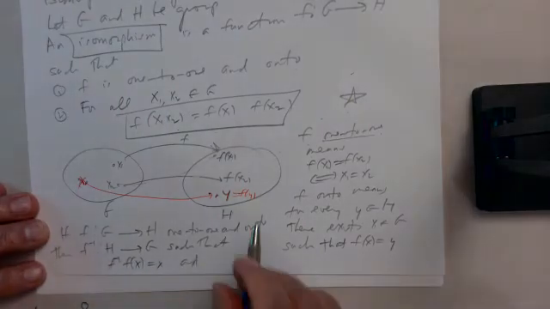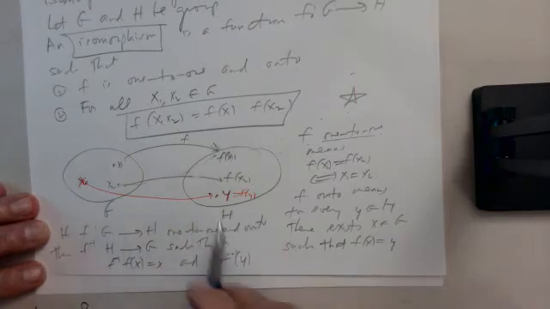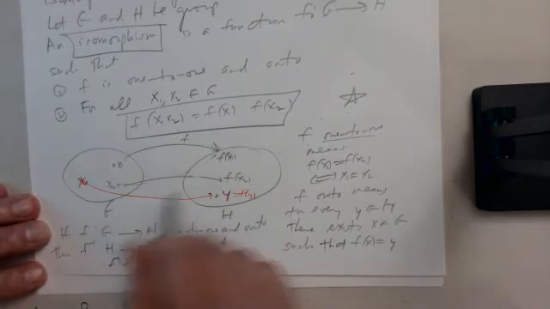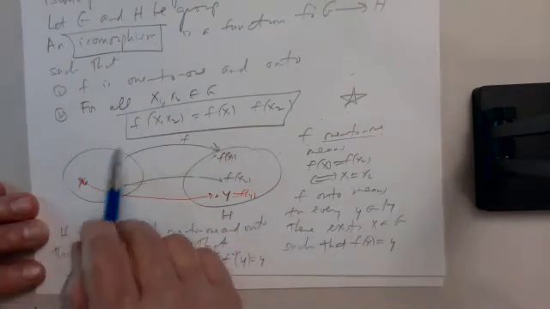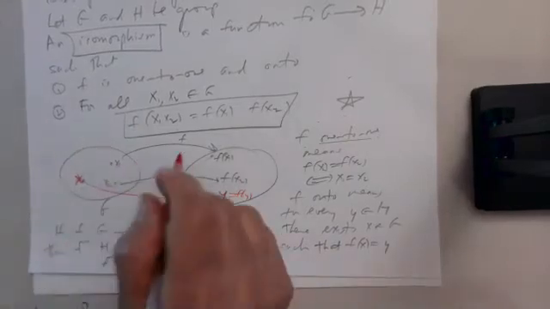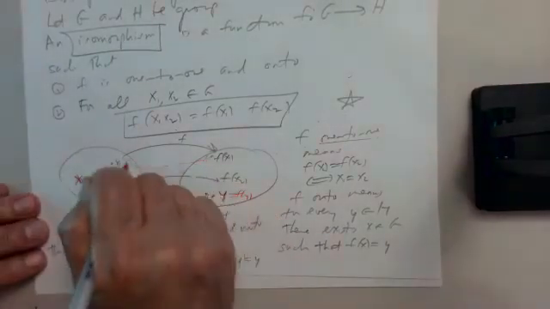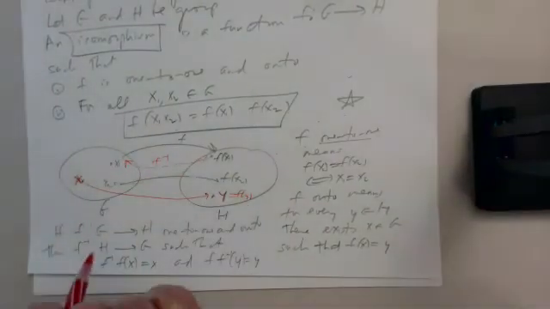And similarly, for any y in H, if I take y, f inverse maps it to G, f maps this back to H, and it always gets back where you started. So whenever you have a one-to-one and onto function between sets, there's always an inverse function that goes in the opposite direction.